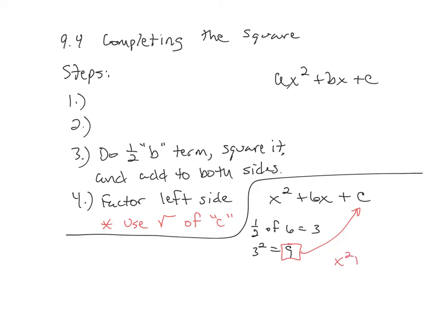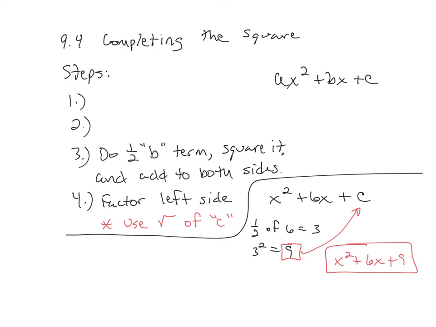So we'd end up writing like this eventually. And that's an important step to get to. Okay, so really simple, just half of 6 is 3, 3 squared is 9, and on we go.